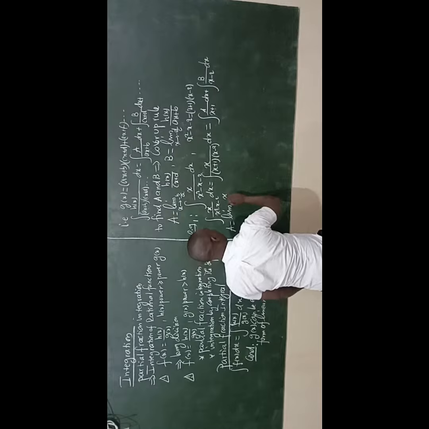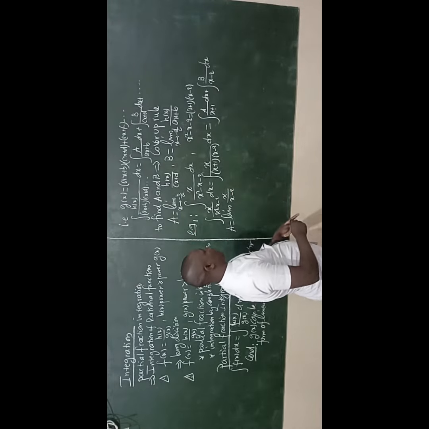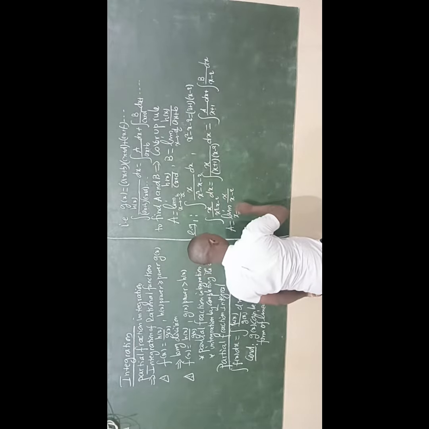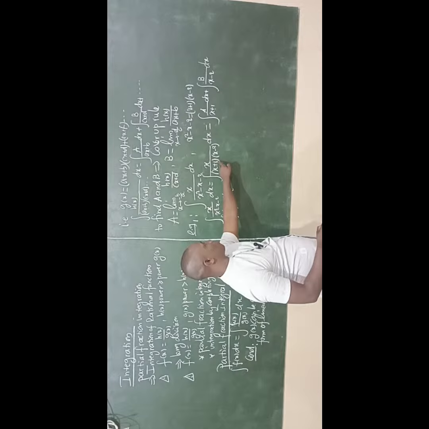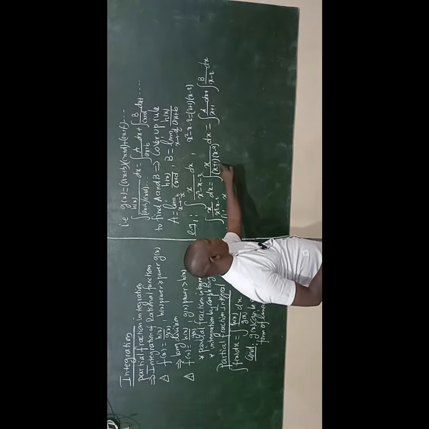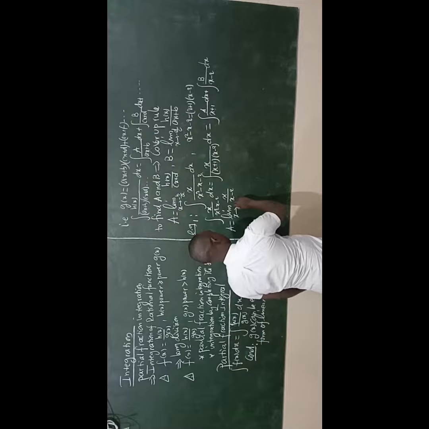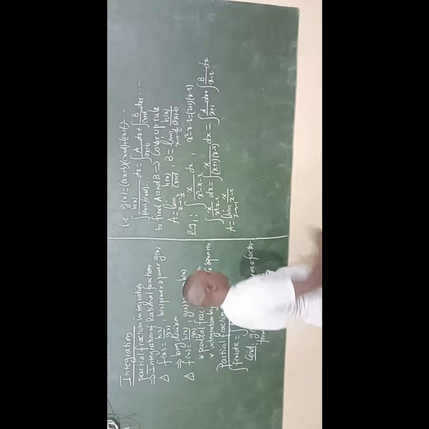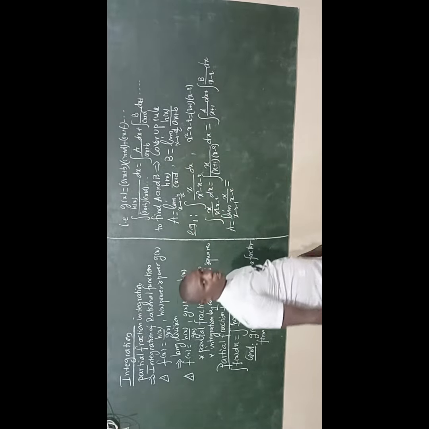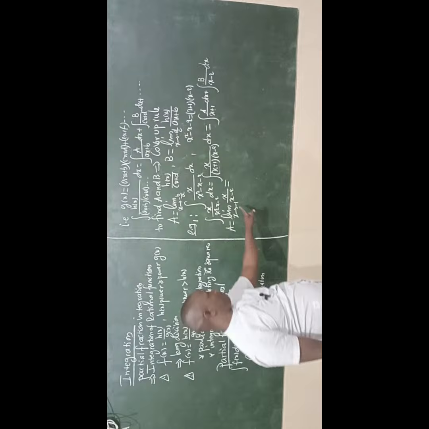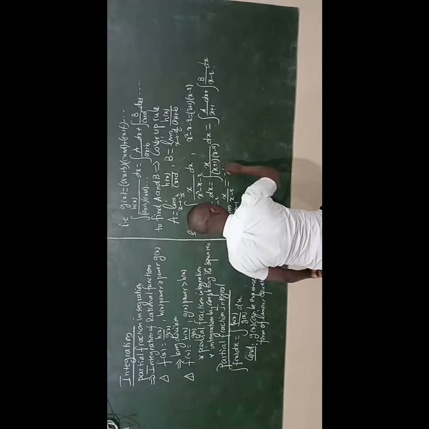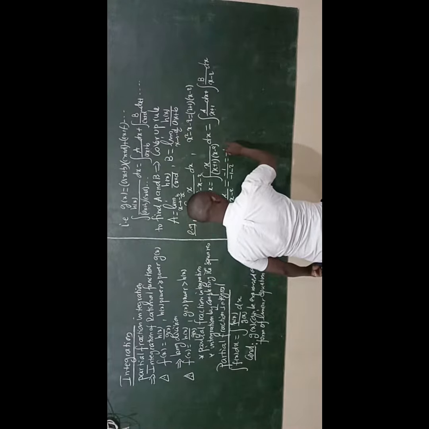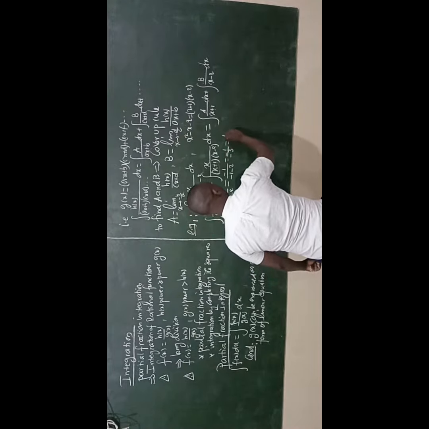We equate x plus 1 to 0 to find the value of x, which will be minus 1. So x is approaching minus 1, and we replace x by minus 1. This is minus 1 divided by minus 1 minus 2, that is minus 1 by minus 3, which is 1 over 3.